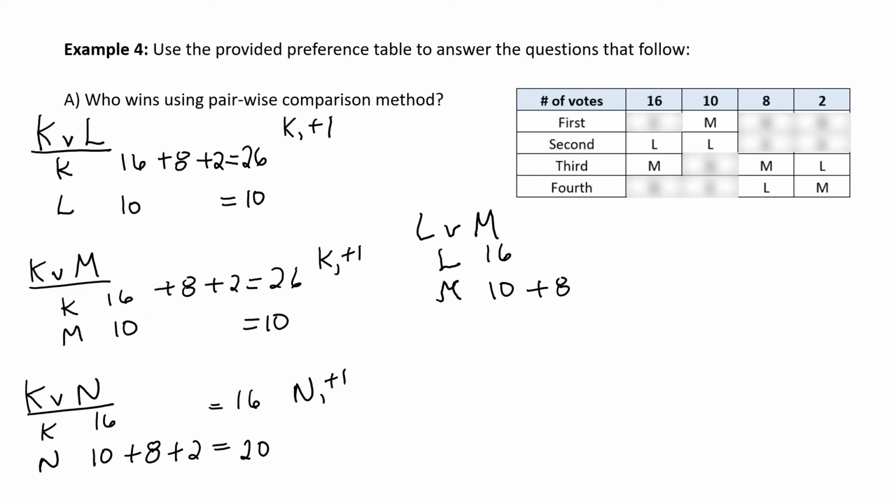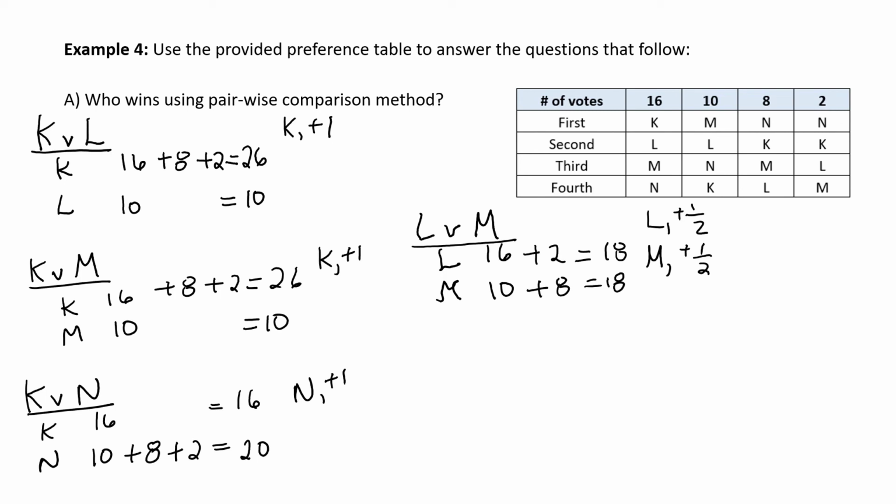And on the last ballot, L is ahead of M, so L gets 2. And in that instance, it is 18. That's weird. But if they split, then L gets a half, and so does M.